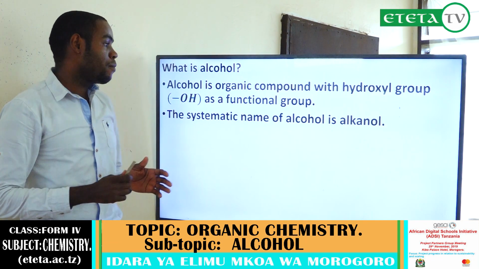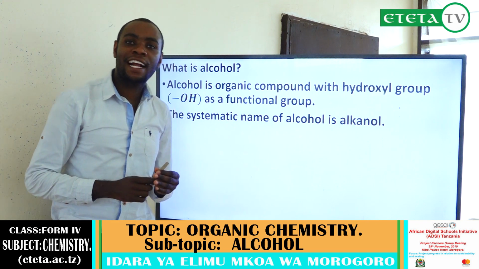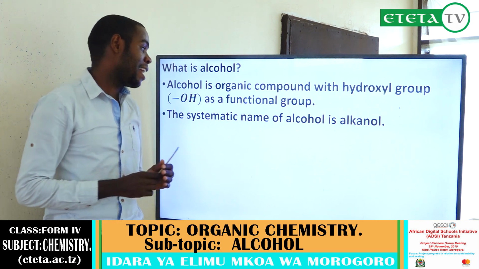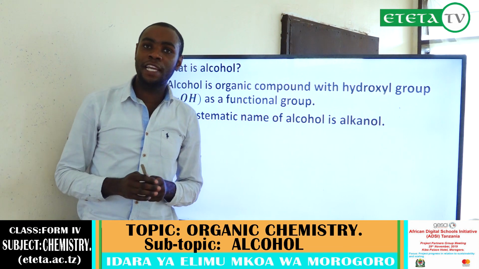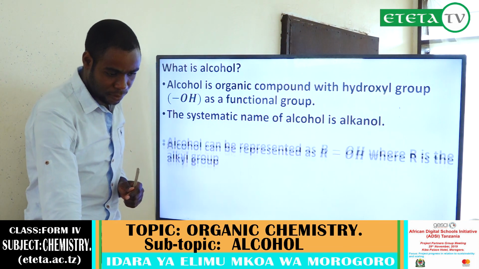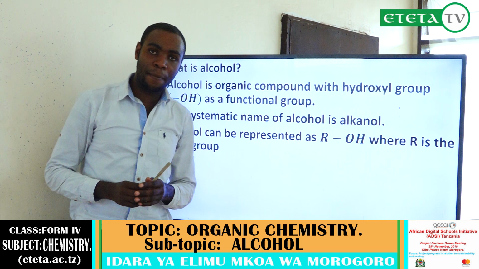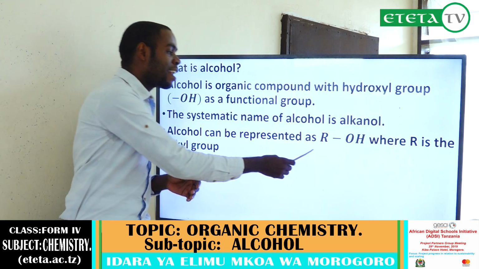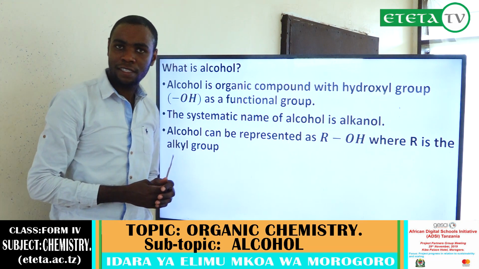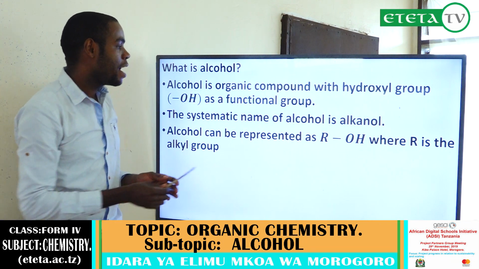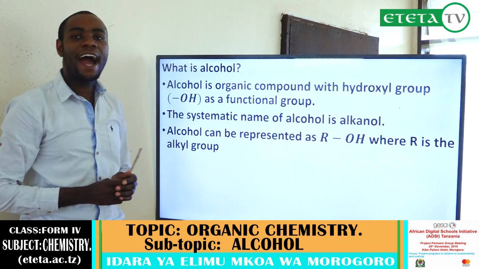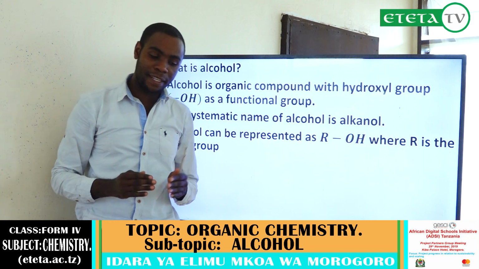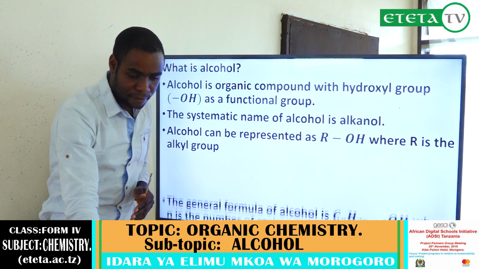The systematic name for alcohol is alkanol. Alcohol can be represented as ROH, where R represents the alkyl group.